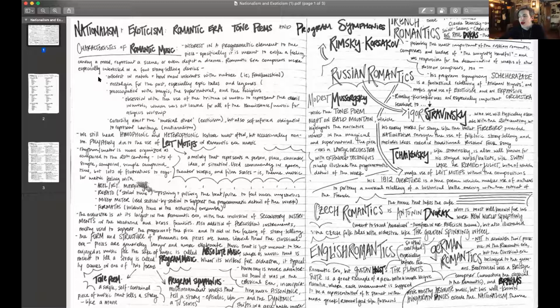Lastly, we have this curiosity about the musical other that comes about in orchestral music and other music of the Romantic era. This is responded to with an equally interesting idea of how to represent nationalism in music.